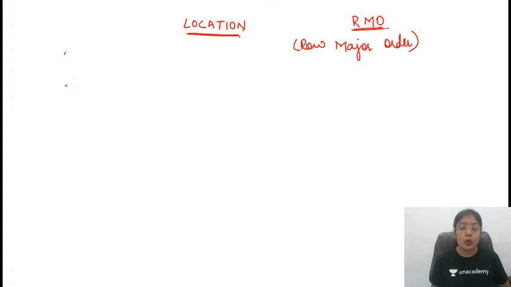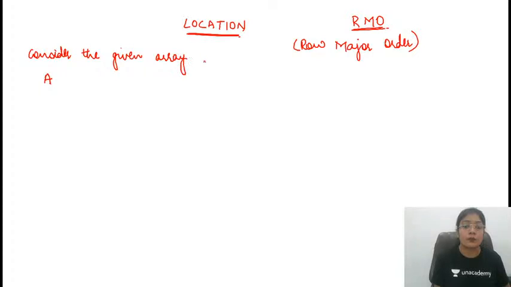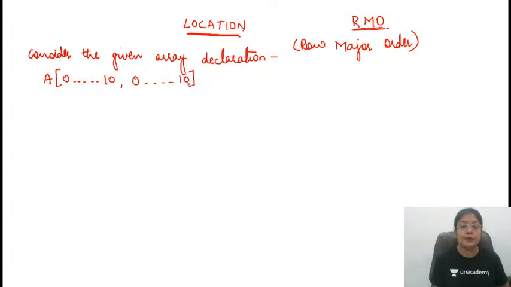By the time you are writing a query, let me write a question on the screen. Assume that you are given an array declaration. Consider the given array declaration: A[0 to 10, 0 to 10], and the base address is given as 1000.